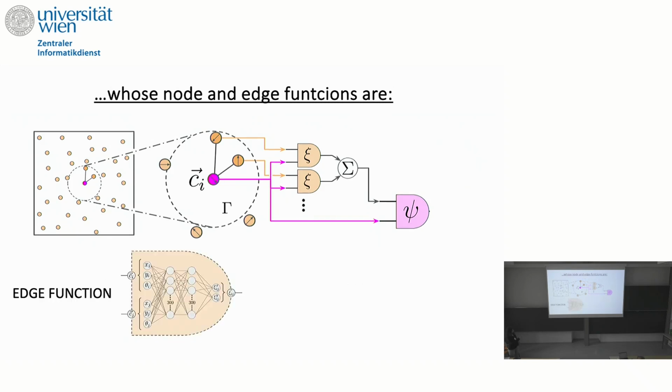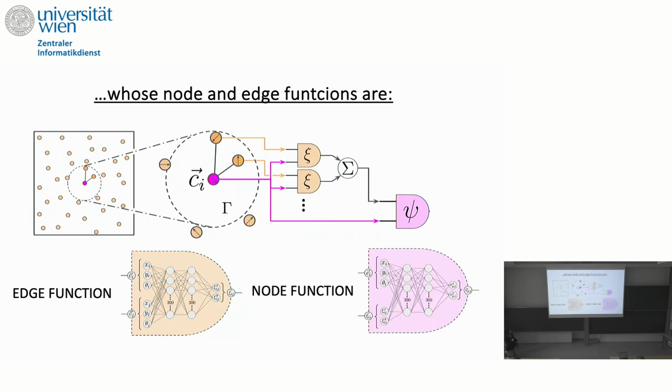The orange network is described by an edge function. It's a perceptron with 300 layers, and the input information are Ci, Cj, meaning the positions or orientations of particles i and j. What the edge function does is take pairs of particles, compute the distances between particles, and sum them all up.